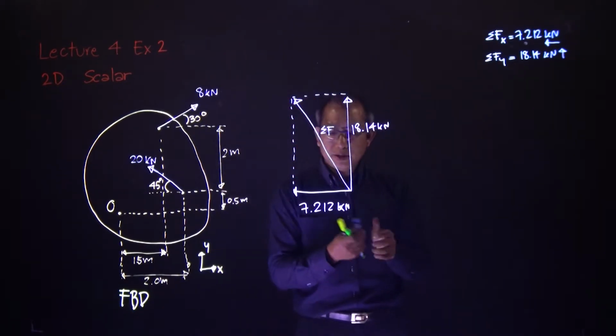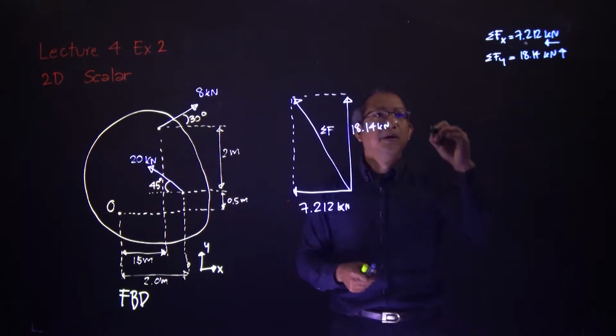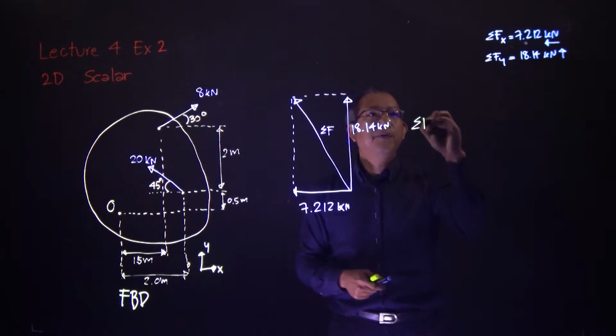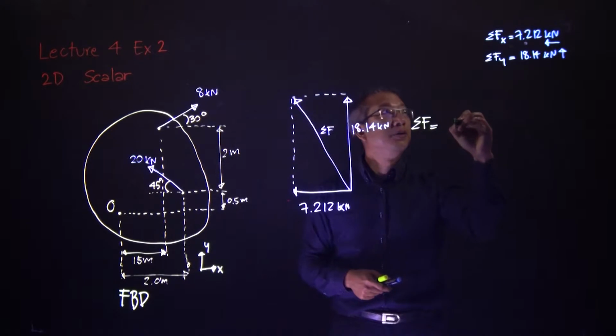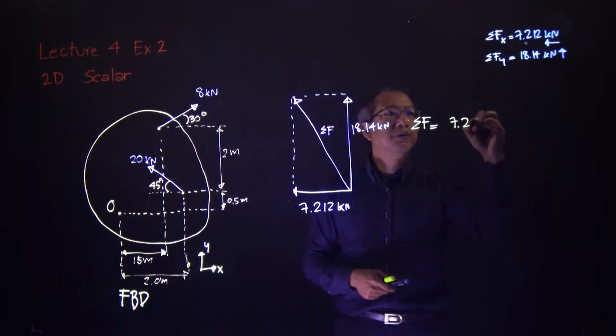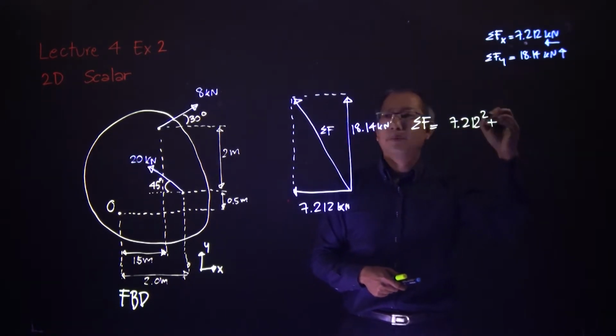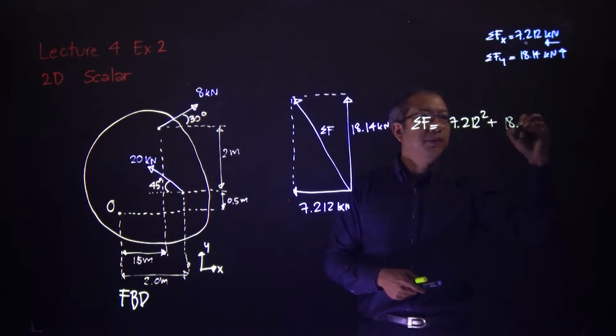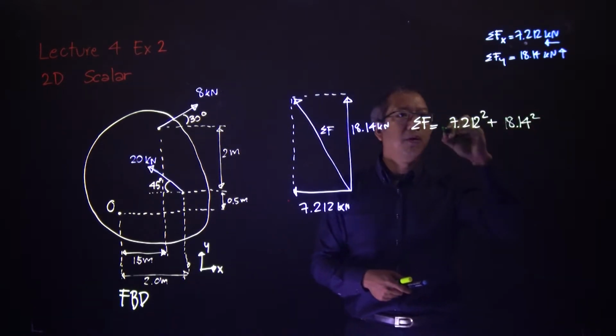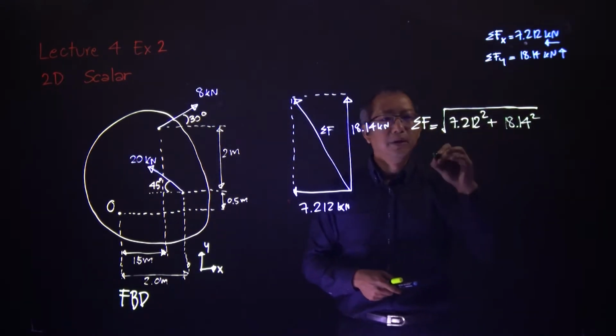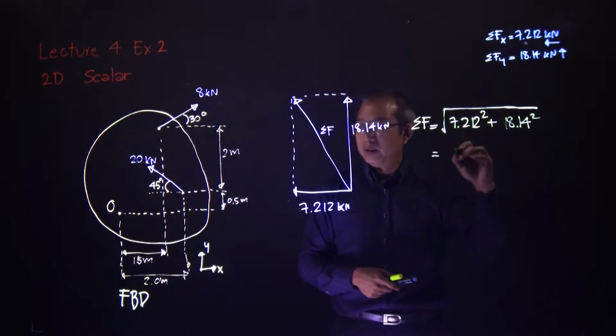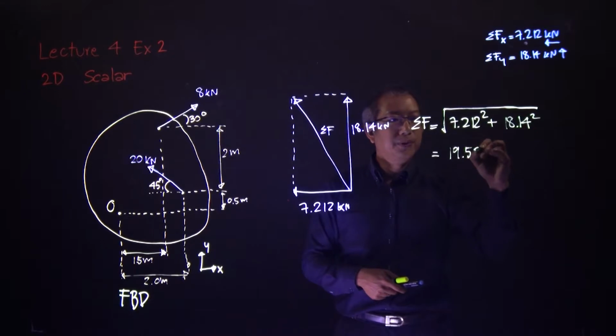Using Pythagoras, then we have sigma F is equal to the square root of 7.212 squared plus 18.14 squared. That one comes out to be 19.52.